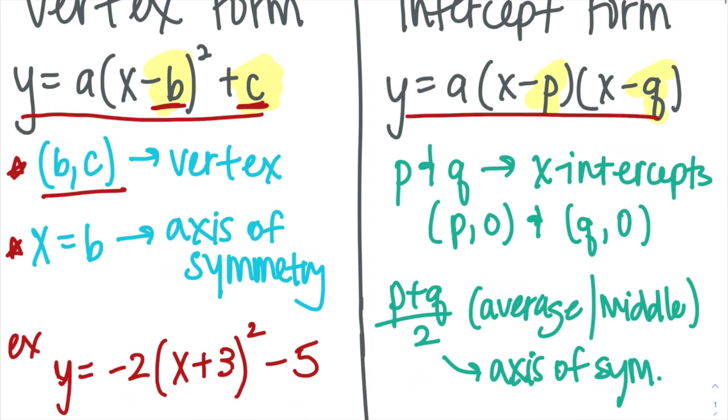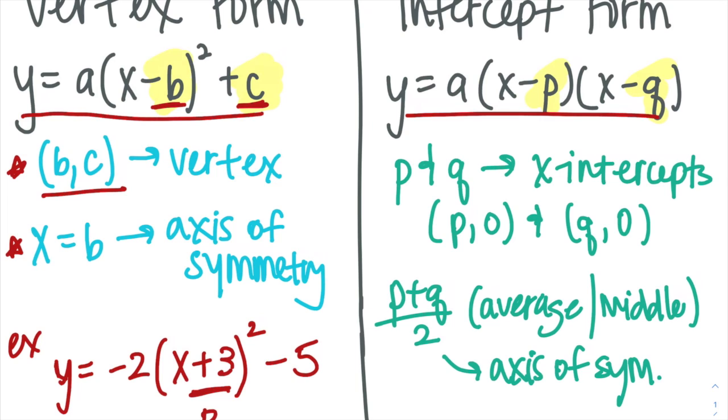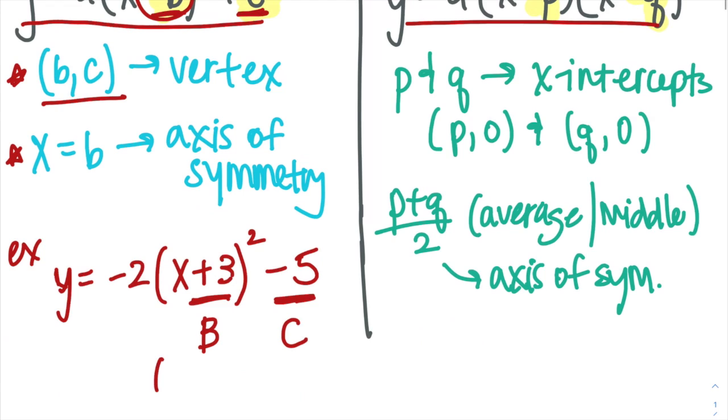If we look at our example, we have b here, and we have c. But notice that in our general form, we have an x minus b. So b is what comes after the negative. If you rewrite x plus 3 to have a subtraction sign, it'd be x minus negative 3.